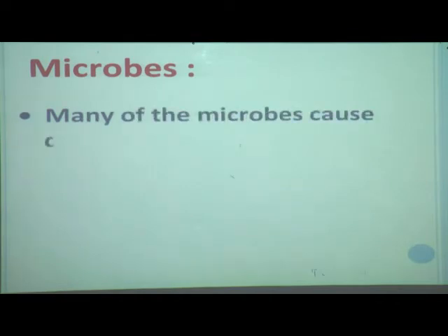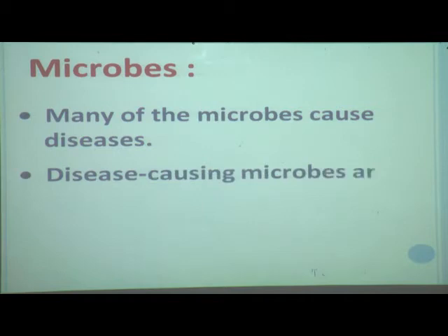Many of the microbes cause diseases, and disease causing microbes are called germs.